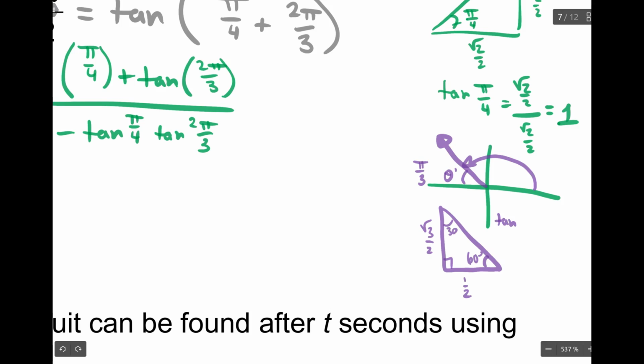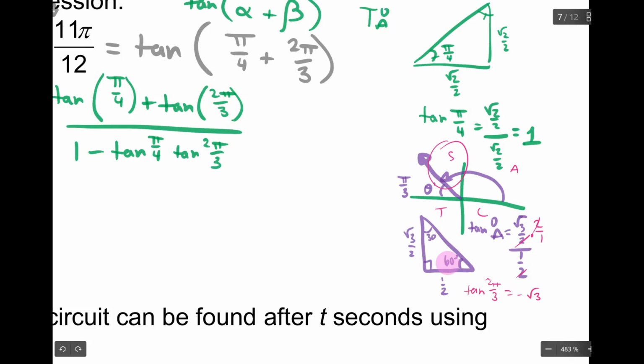Tangent is opposite over adjacent, and I'm looking at the 60 degree angle. So opposite, square root of 3 over 2, divided by adjacent, 1 over 2. The 2's cancel out. It's like I'm multiplying by the reciprocal, 2 over 1. Except, all students take calculus, so tangent's going to be negative in this quadrant. So tangent of 2 pi over 3 is going to equal negative square root of 3.